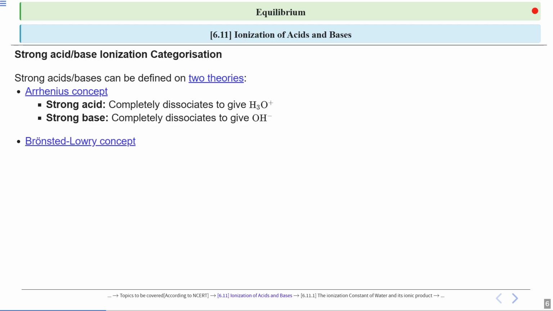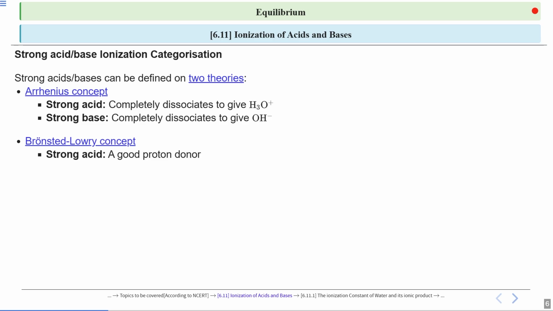Then if I try to define strong acid and base according to the Bronsted-Lowry concept, it says that strong acids are those which are good proton donors. This may put you in a dilemma: what is the extent of a good proton donor?